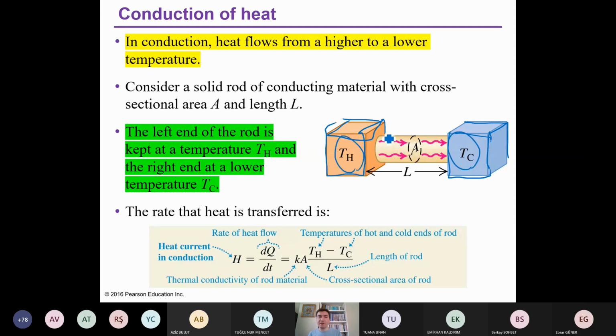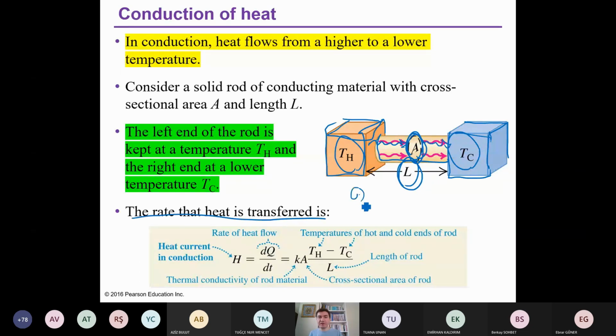And in between, we have a thermally conducting material with a certain cross-sectional area A and a certain length. Then the heat will be transferred from the hot object to the cold object.